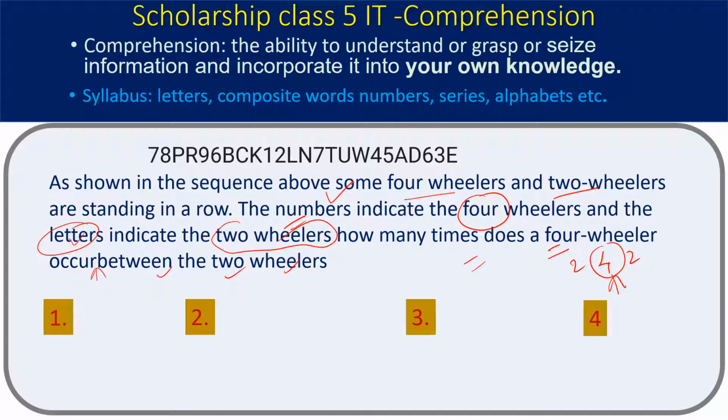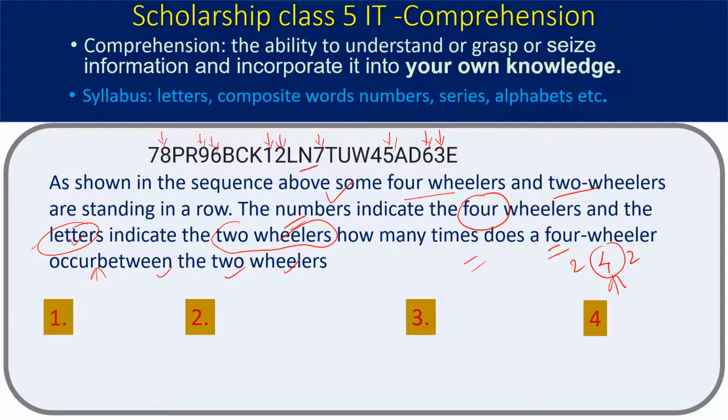So first we have to find out four-wheelers. They are numbers. One here, one here, one here. Here is a number, here is a number. Achha, here is a number, here is a number, here is a number. Now check that on the other side of these numbers whether you are having letters. So one is number, another is here, no, here, no, here, no, here, no. Here is a letter, okay.